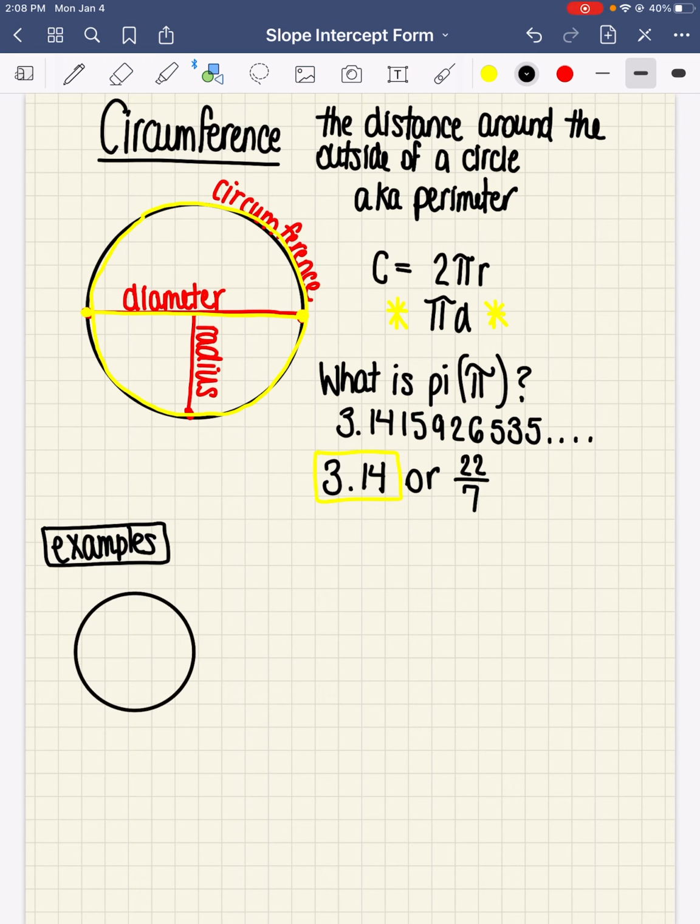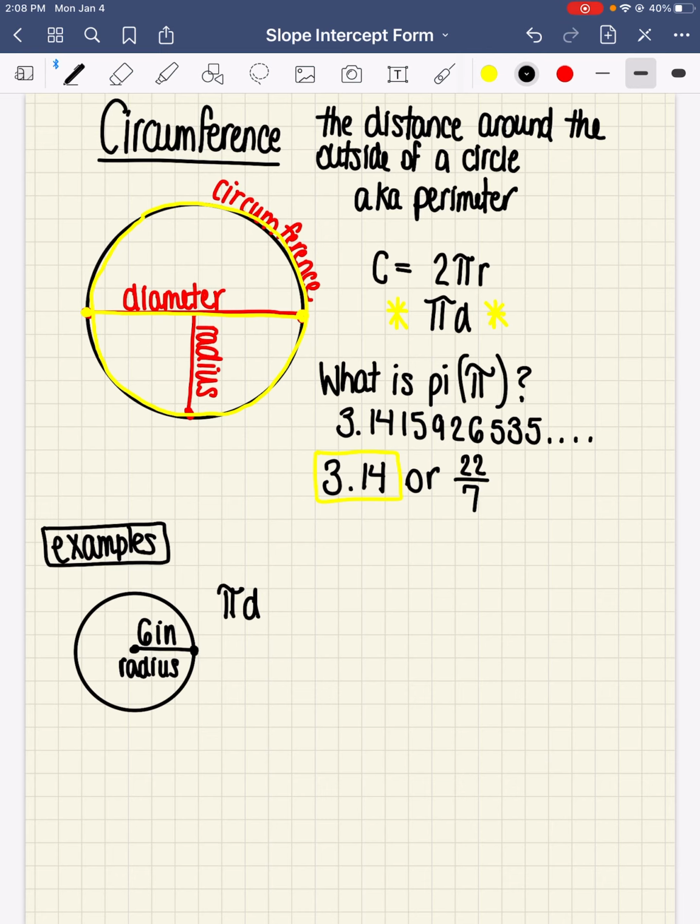Here's a circle I'm given, and I'm told this measure is 6 inches. What I need to do is find the circumference. I know that the formula for circumference is pi times diameter, and for this particular problem, I'm given the radius, which means I need to figure out what the diameter is. If the radius is 6, that means the diameter is going to be 12.